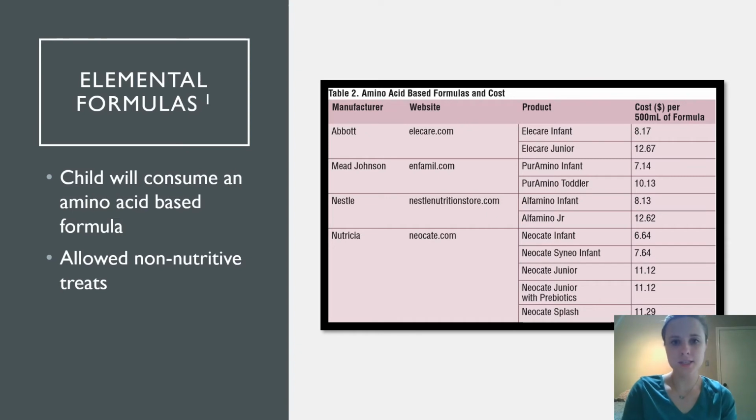And so as you can see to the right, there are many manufacturers that create these elemental formulas, and they're available for different ages. So if your child is an infant or if they are a toddler, there will be an elemental formula that will best fit your child's needs.